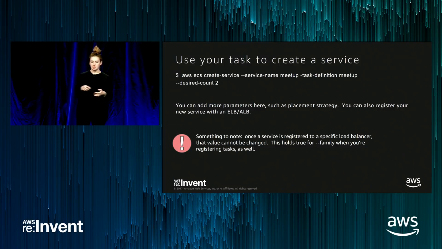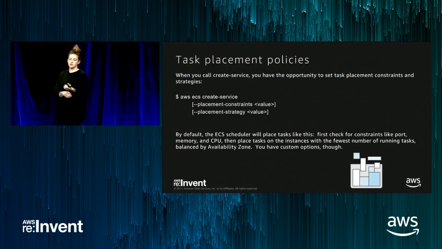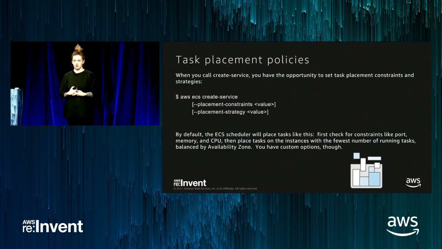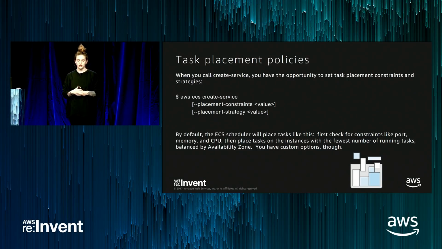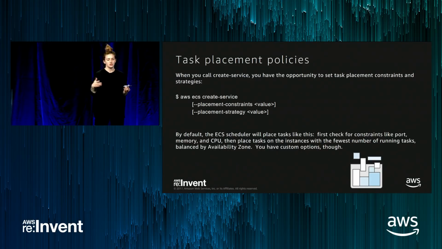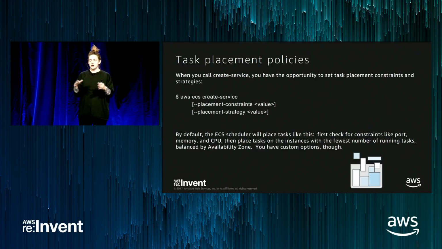But we can dig into some of my other parameters. So task placement policy. This is a little bit newer, and I was actually just talking about this in a chalk talk because someone said, well, I have special custom instances and I've set them up in a special way, but they're only for specific tasks. And that's pretty much what you can do here, right? So there's a couple things that I can do, but I call create service, and I have a couple principles.